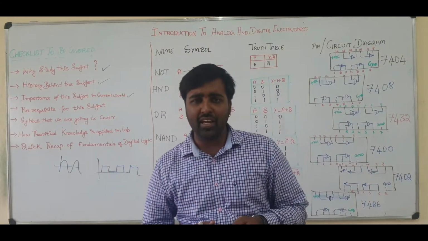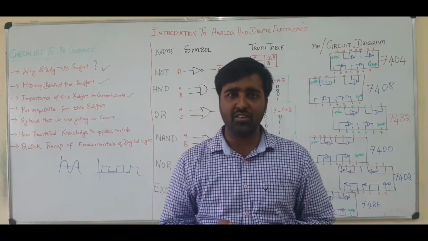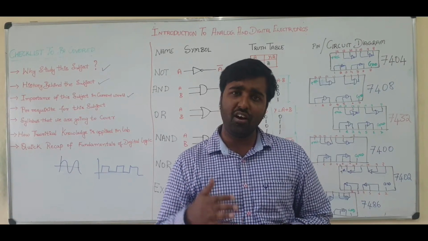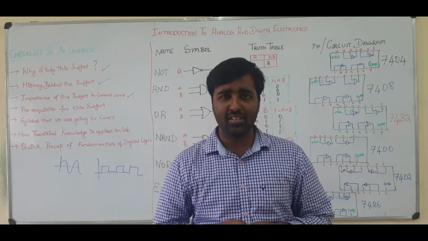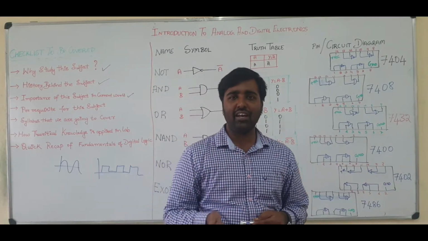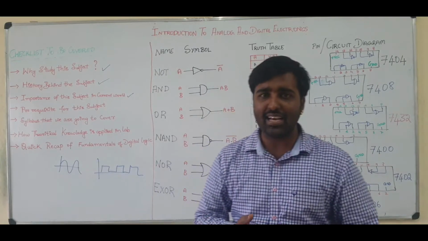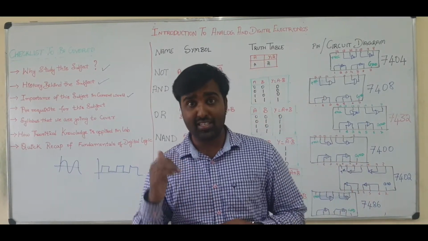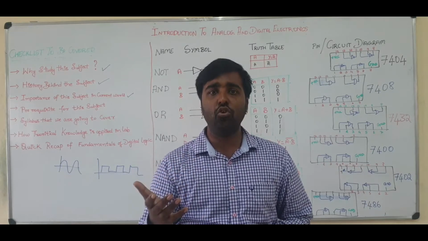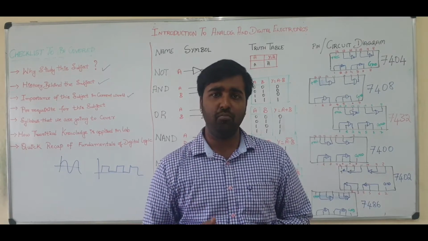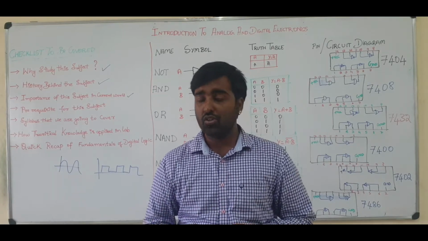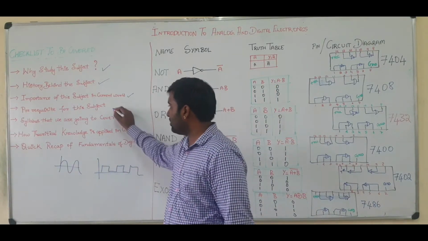Coming to the prerequisites of this subject, you have studied basic electronics in your lower semester or outside. There are a few things you need to know. Have a quick glance at the basic electronics subjects as a prerequisite. This subject deals with digital logic. Please go through the Boolean laws and Boolean variables, in which we'll be solving a number of problems. So it acts as a prerequisite for this subject.